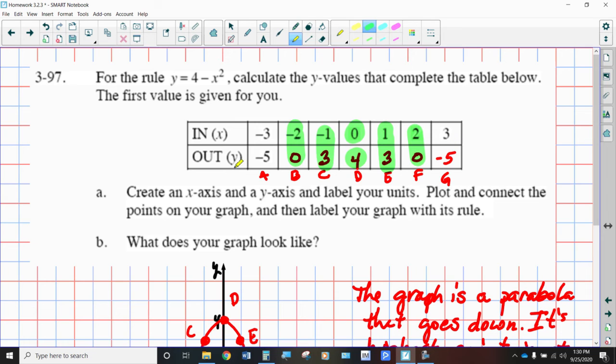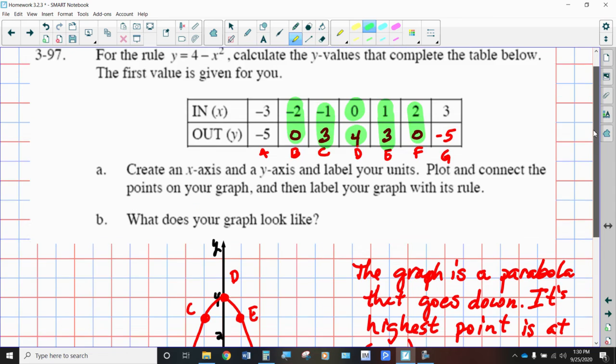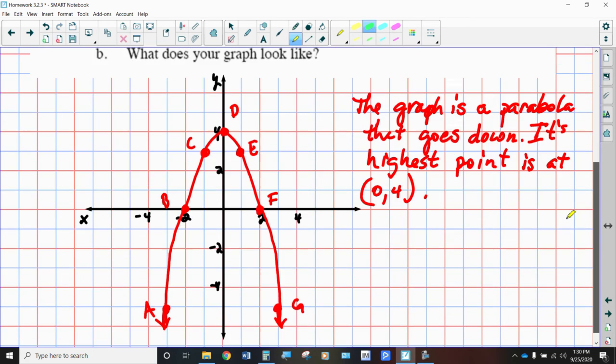And there's sort of like a symmetry to these numbers because this is a quadratic function that creates a parabola graph, which is symmetrical, okay? So once you get those points plotted on the graph, you'll notice that it's forming a U shape. In this case, the U shape is pointing down.